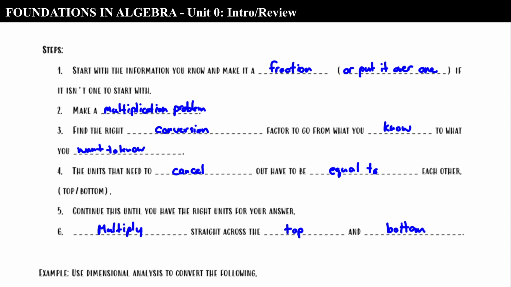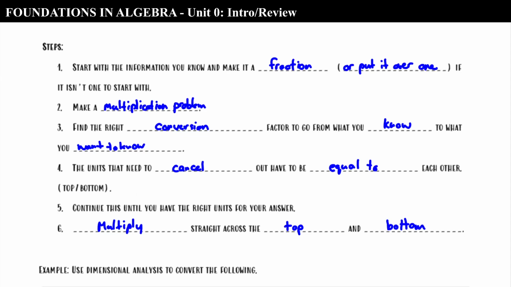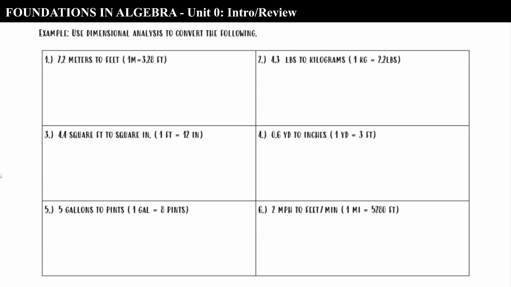So let's do some examples to see how this works. We're going to use dimensional analysis to convert the following. We're going to go from 7.2 meters to feet. We start with 7.2 meters and put it over 1. Then we use our conversion factor, which is given for us: 3.28 feet for 1 meter.